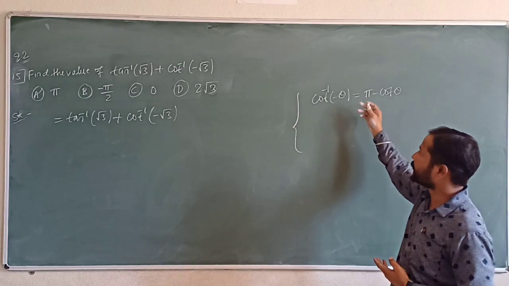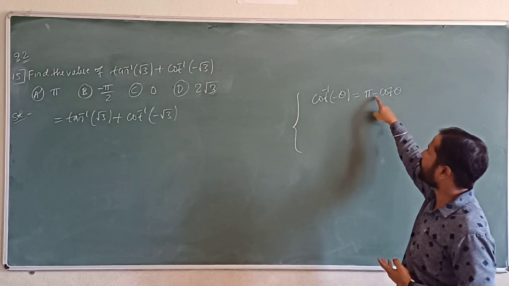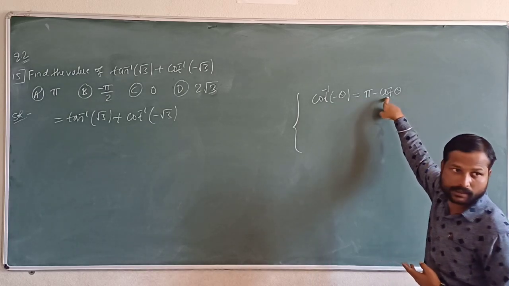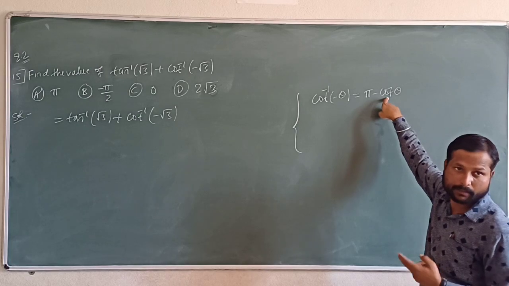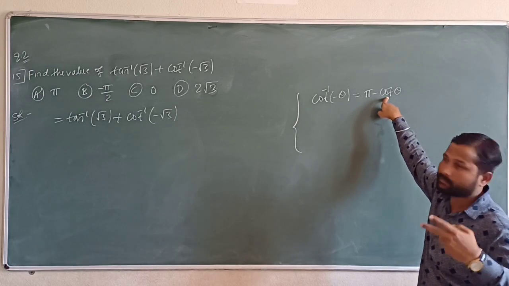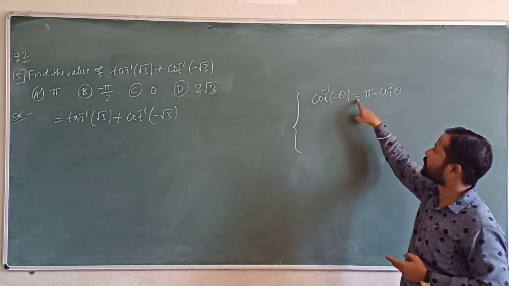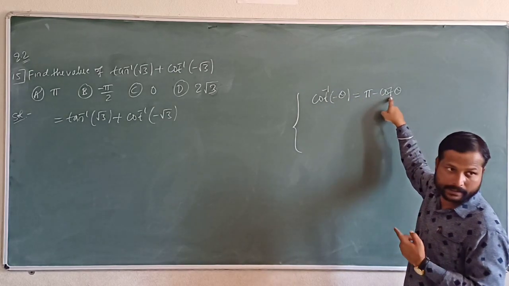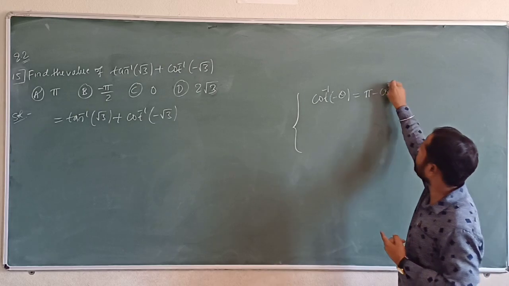The trigonometric inverse function is negative, so it is outside the range, and then we have to write pi minus that value, that is, pi minus cot inverse of theta. This is property number 2: cot inverse of minus theta is equal to pi minus cot inverse theta.